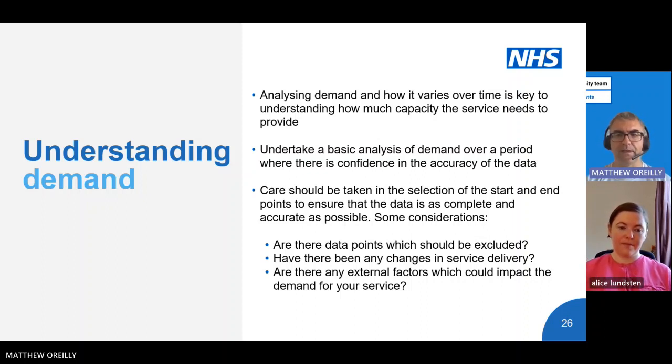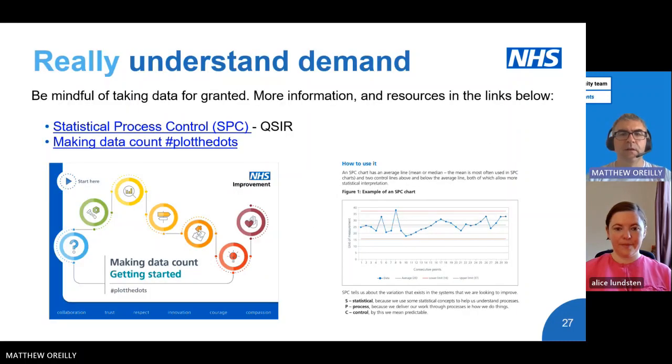However, the key now is to have conversations with your service lead, operational leads, to determine what time period of data is most representative to use, and to consider whether there have been any changes in service delivery, or if there have been any external factors which might impact on the demand for your service. So for the modelling, we tend to focus on using what is good enough.